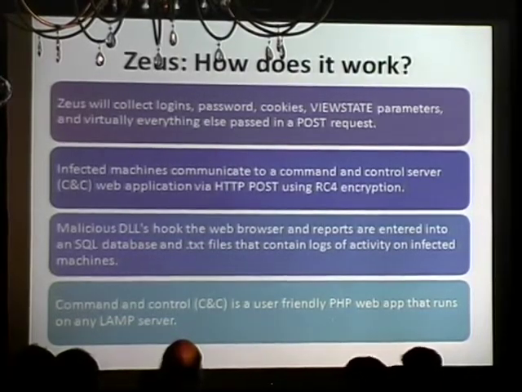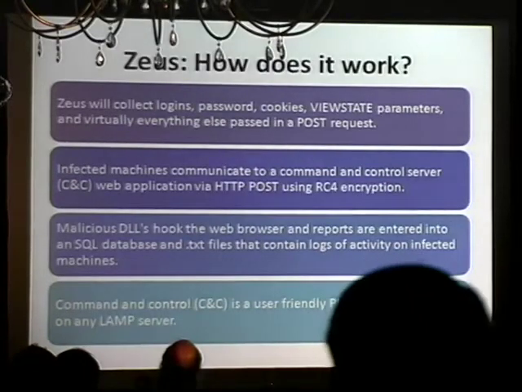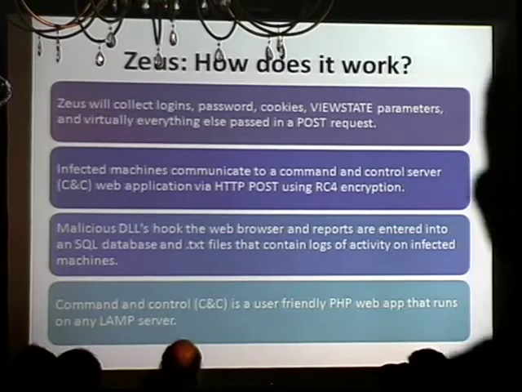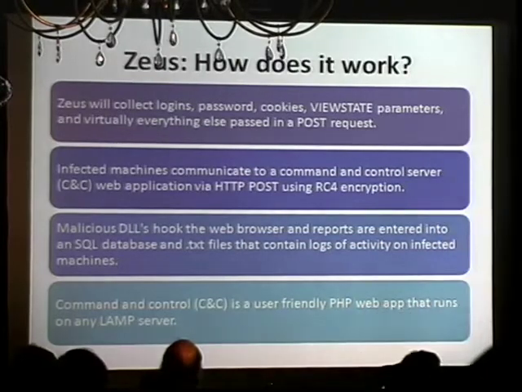Malicious DLLs hook the web browser, and reports are entered into an SQL database on the actual server, or text files depending on how you set it up. The Command and Control Center is definitely a user-friendly PHP application, so you don't need a lot of skill to know how to use it.